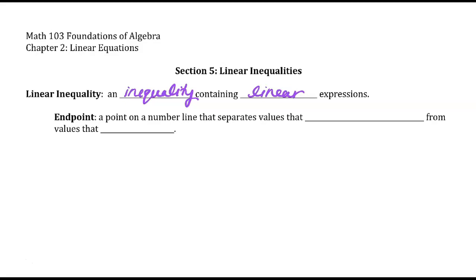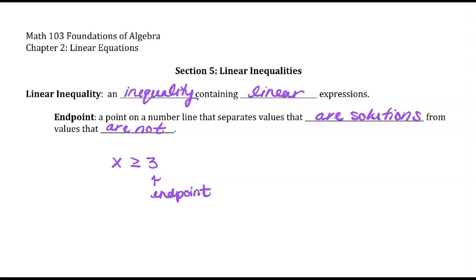An endpoint is a number on a number line that separates values that are solutions from values that are not. Here's what I mean by this. If we have an inequality of x is greater than or equal to 3, all values of x that satisfy this inequality are values that are greater than or equal to 3. 3 in this case would be the endpoint.